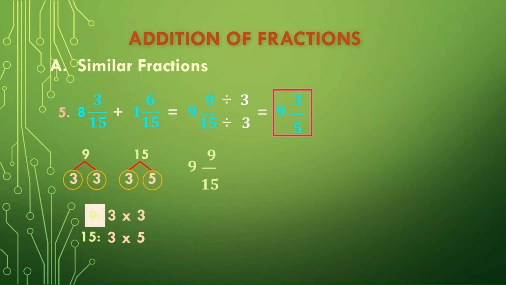The GCF of 9 and 15 is the product of all their common prime factors. 3 is the only common factor of 9 and 15. Therefore, the GCF of 9 and 15 is equal to 3.